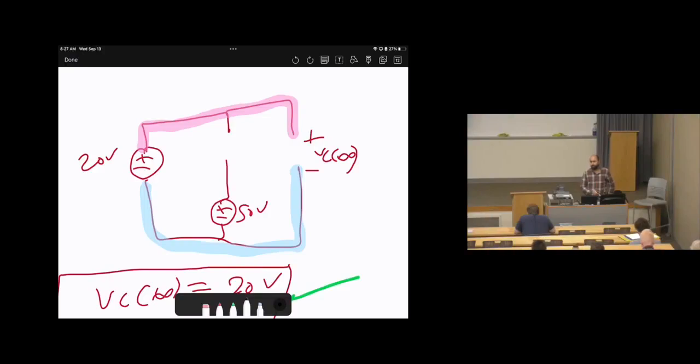And parallel means sharing the same voltage. Then those voltages are the same. In other words, you can do KVL and you will see, it will be negative 20 plus VC of infinity equals 0. Therefore, VC of infinity will be 20. This is another way, just by doing KVL at the outer loop. Okay, any other question?